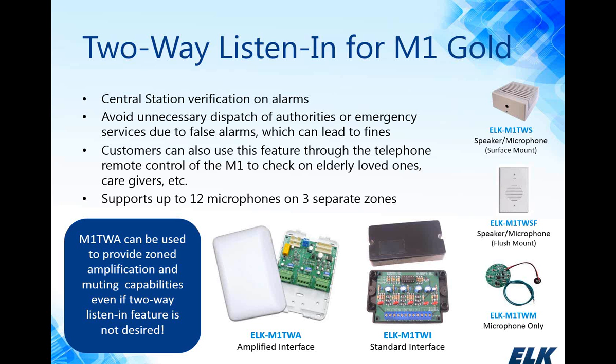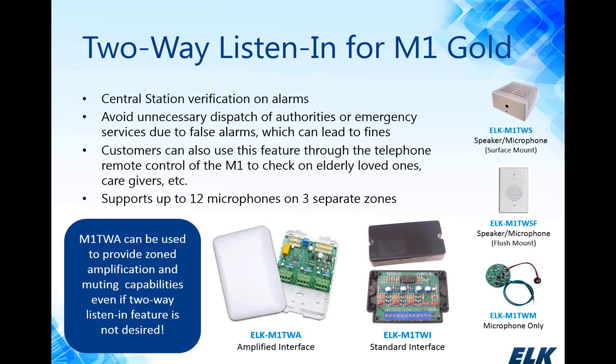We offer two interface boards, the ELK M1 TWA and the ELK M1 TWI. The TWI is just a standard interface that allows you to connect the microphones up to the M1 system. You can have 3 zones of microphones and a total of 12 microphones connected to the system.